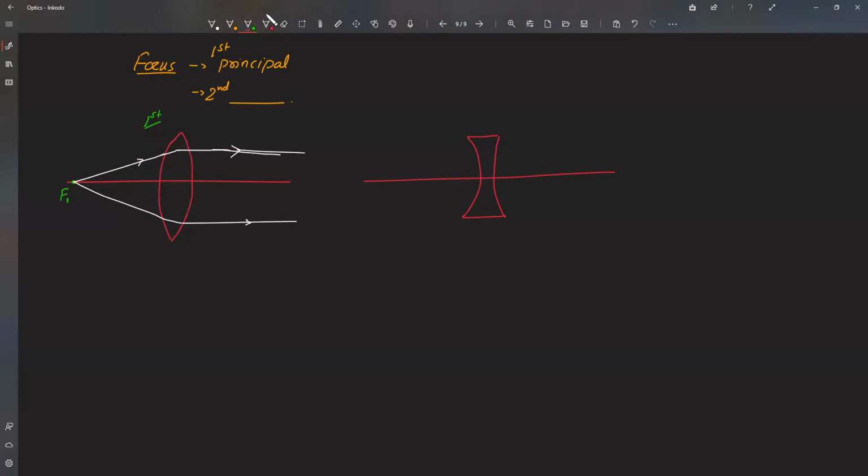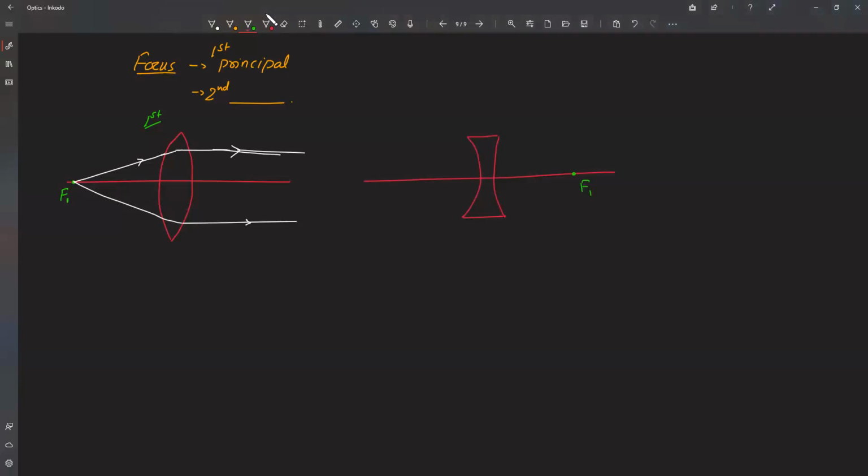So where will be the first principal focus? As I said, object should be kept at a point on the principal axis. So let's say this is the point where you have the object. Then the image should be formed at infinity.